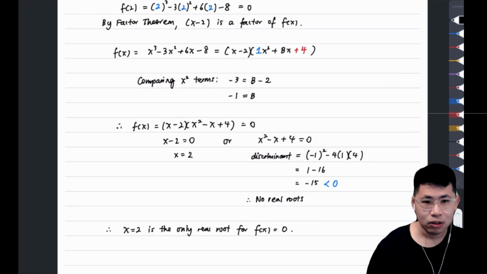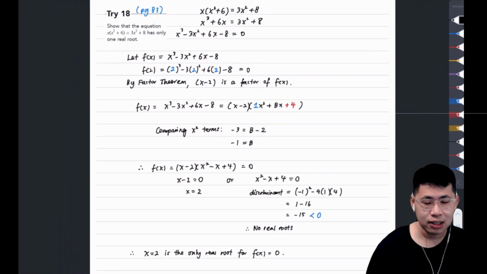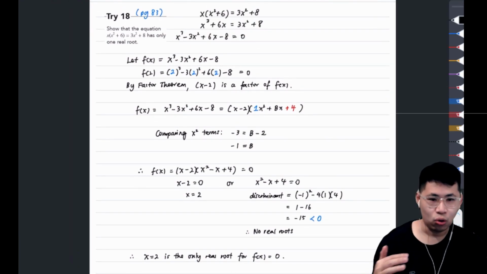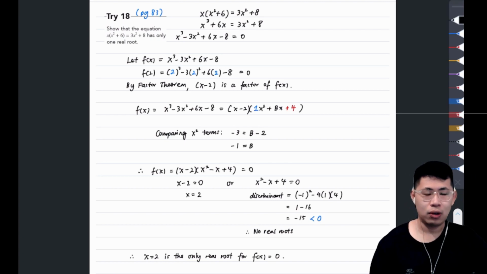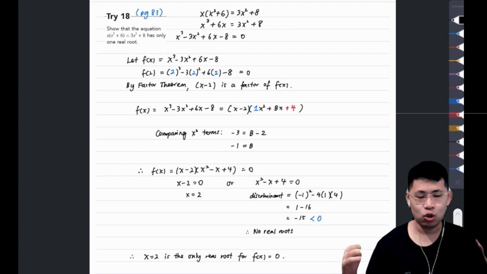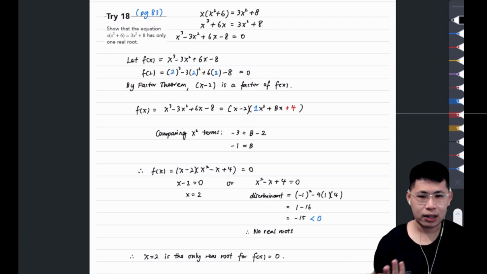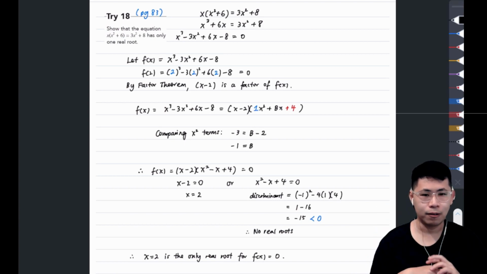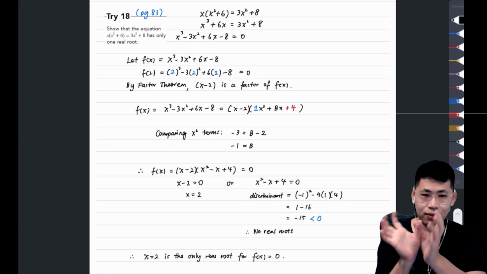So let's take a look at our process again. It's the same as solving, it's just that at the end of the day, we show that there's no real root. The first part is that we will need to arrange and form our nice cubic equation equals 0. Second chunk, use the factor theorem to guess and check the first root. Third chunk is to get the quadratic factor out to factorize.